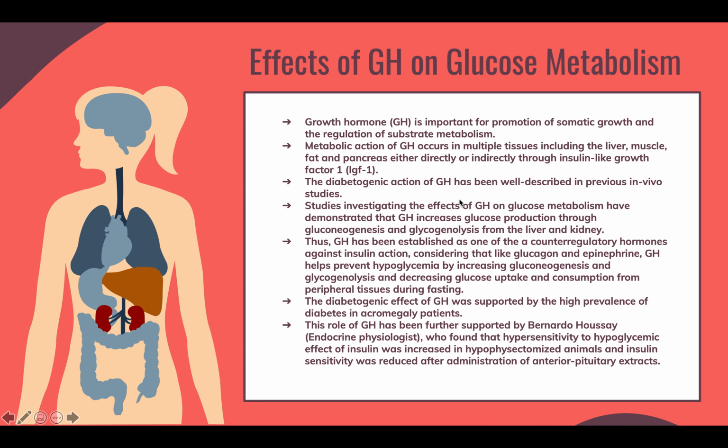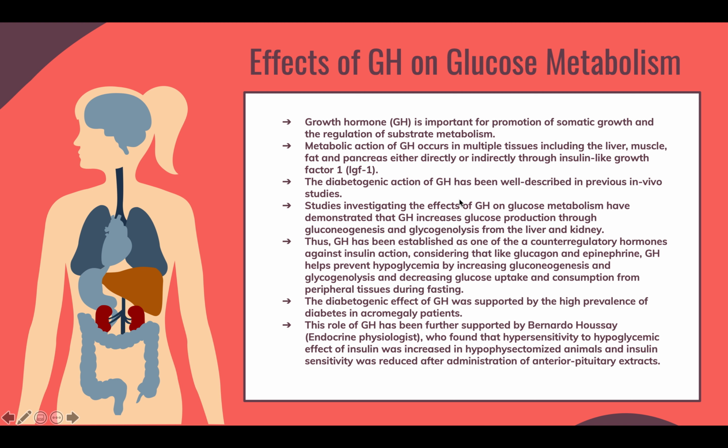Thus, growth hormone has been established as one of the counter-regulatory hormones against insulin action, considering that like glucagon and epinephrine, growth hormone helps prevent hypoglycemia by increasing gluconeogenesis and glycogenolysis and decreasing glucose uptake and consumption from peripheral tissues during fasting.